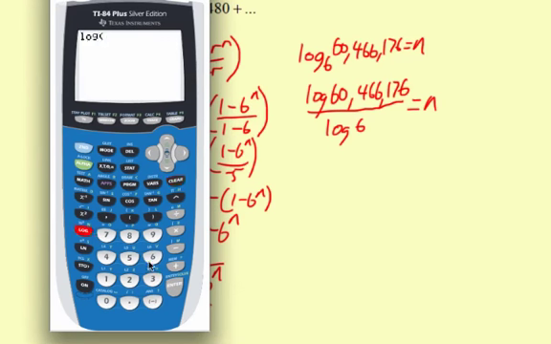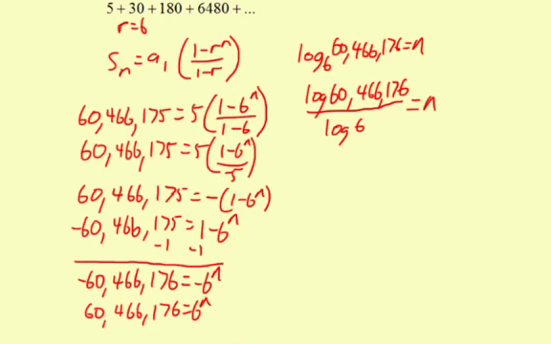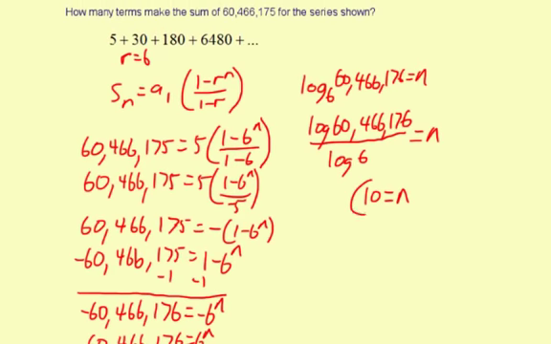Log of 60,466,176, close parentheses, divided by log of 6, close parentheses, enter, 10. So 10 equals n, and that means it takes the sum of 10 terms to make that big sum of 60,466,175.